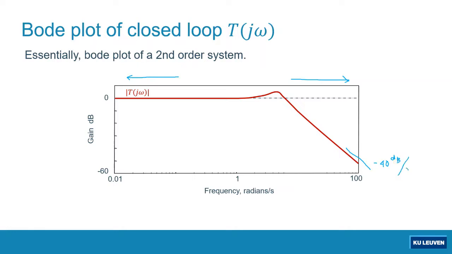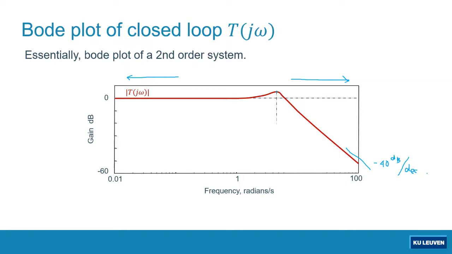You still remember how we sketch the Bode plot of a dynamic system. And in most of the cases for an underdamped second order system, we can identify a few features.